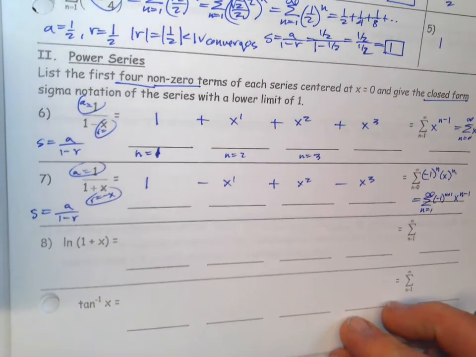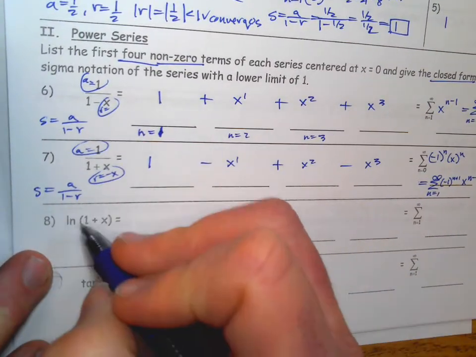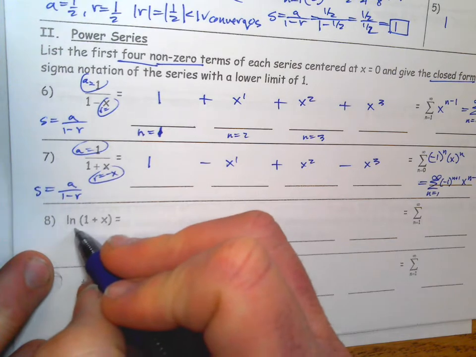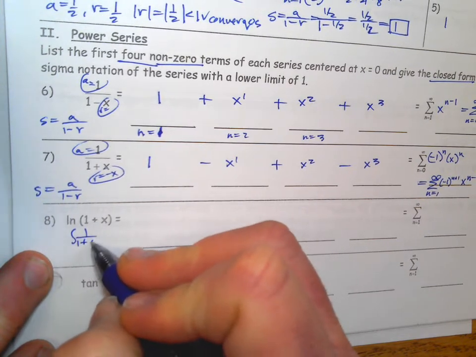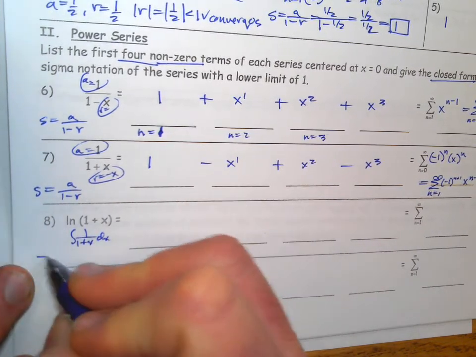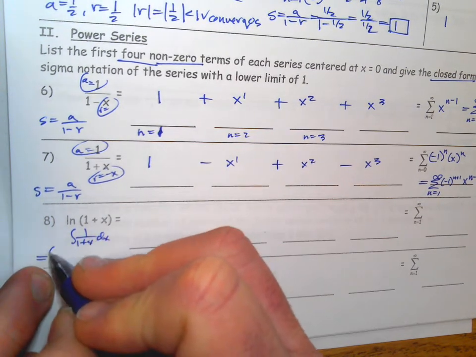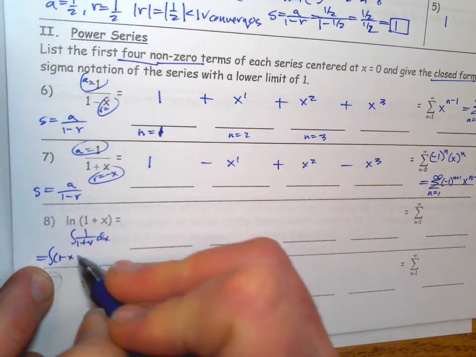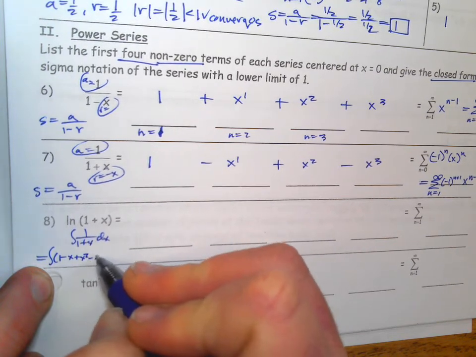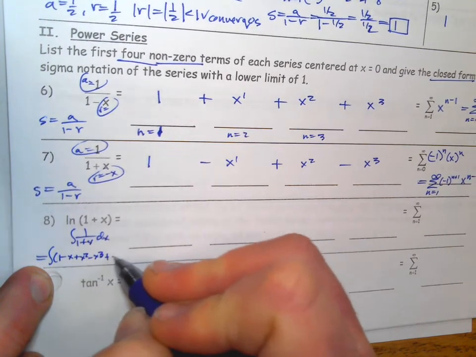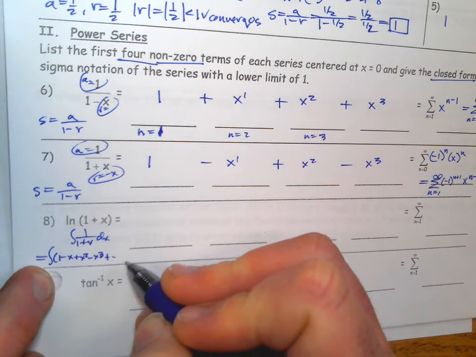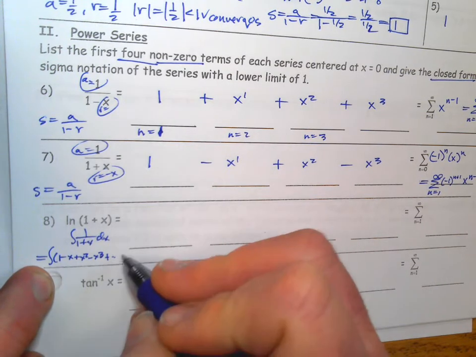Okay. Next one. Now, this one, I remember this comes from the integral of 1 over 1 plus x dx, and that series is actually the one we just did. 1 minus x plus x squared minus x cubed. And we could even write the nth term in here.